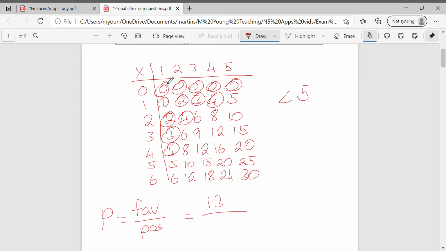Alright, and 1, 2, 3, 4, 5. So that'll be 13 out of 35 will be the answer for that one in total. Alright, so the total there was 35. And then that's a probability. 35 answers in total, and there was 13 out of that that would have resulted in a win. So that's the probability for that one.